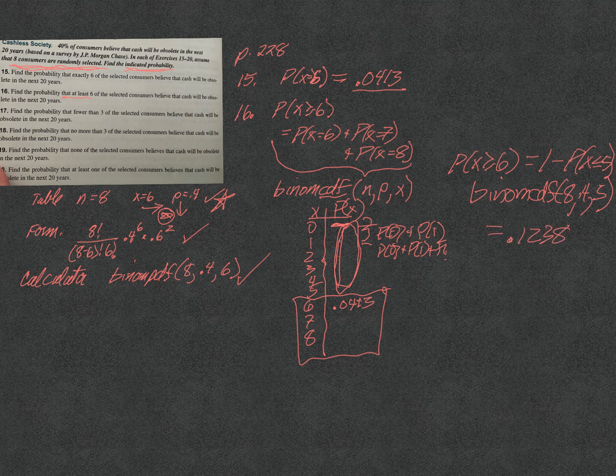Whoops, excuse me, I had the wrong function. I had PDF. So you've got to make sure you type in the right one. So 8, 0.4, 5. Sorry, I did that.